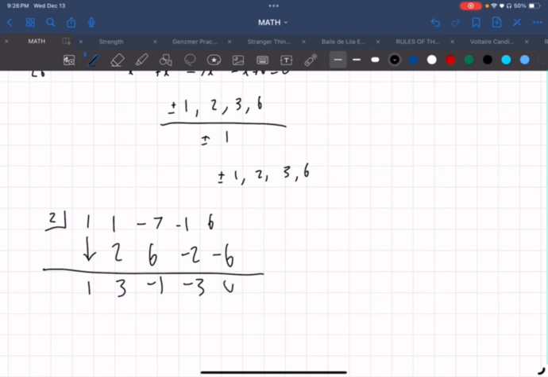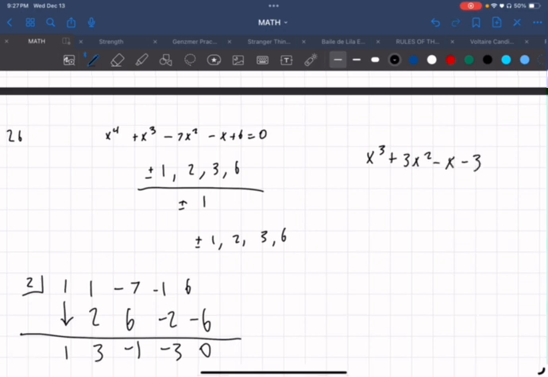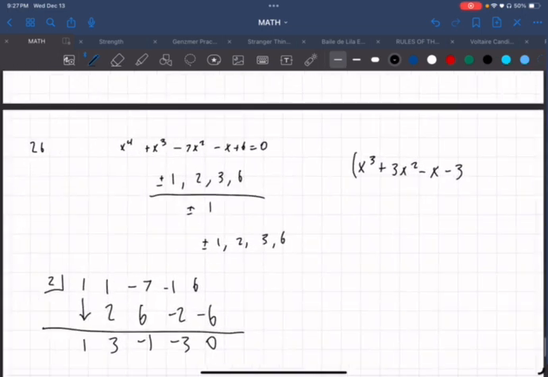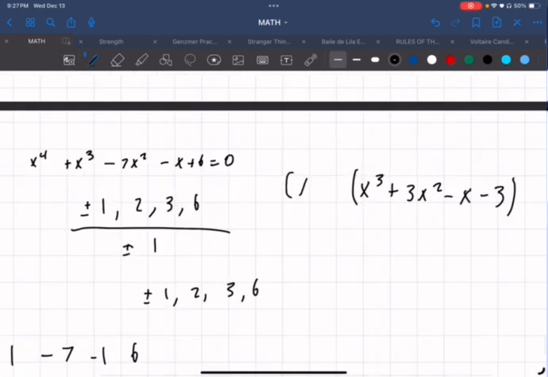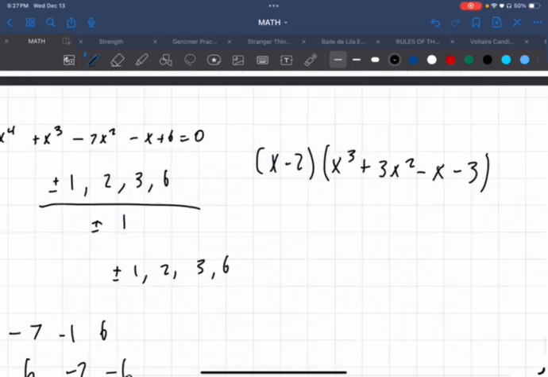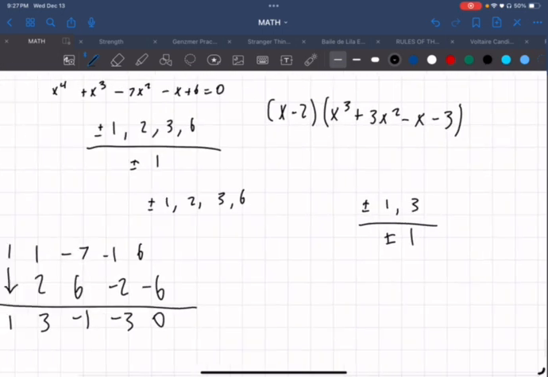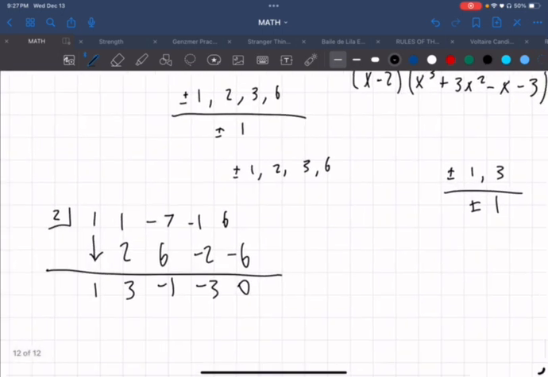And we first try. Okay, so we got that x minus 2 is a factor.